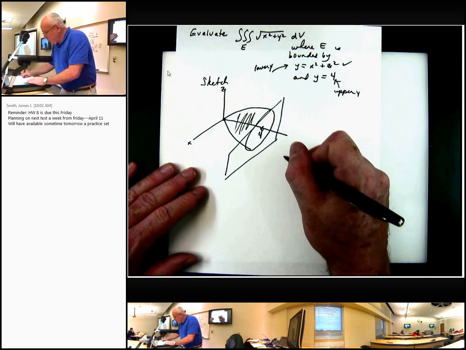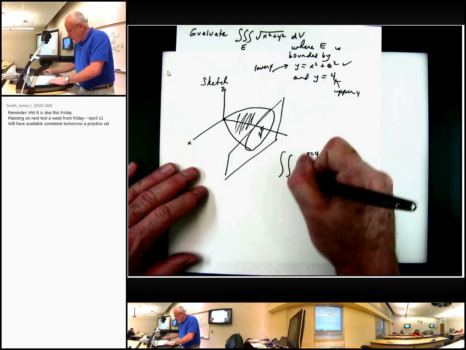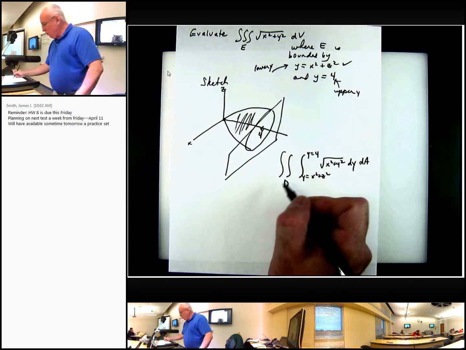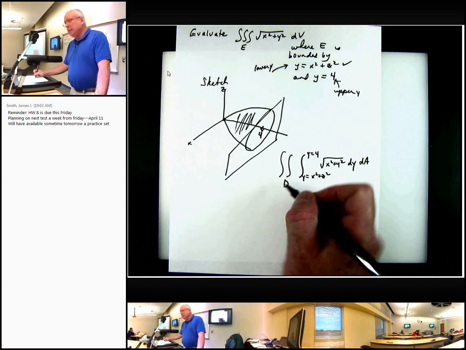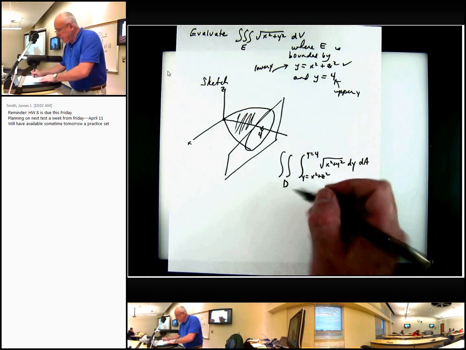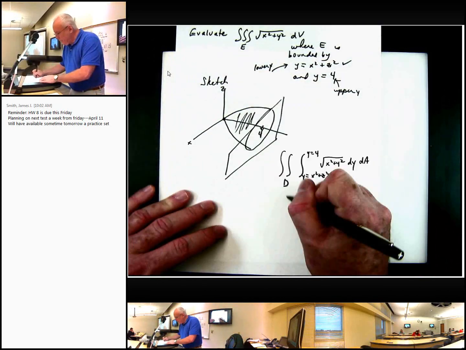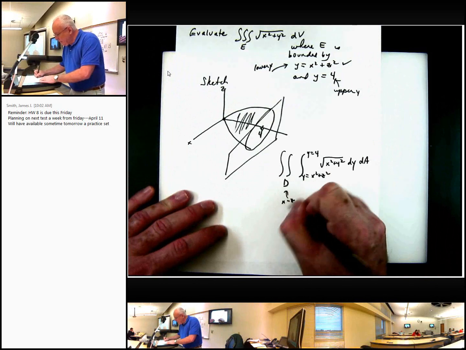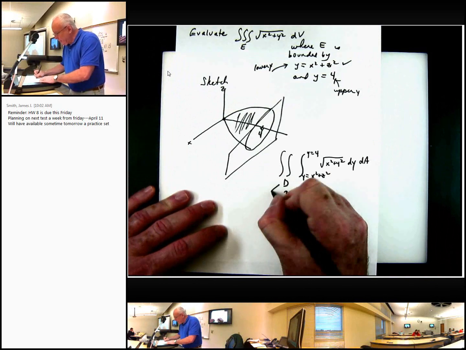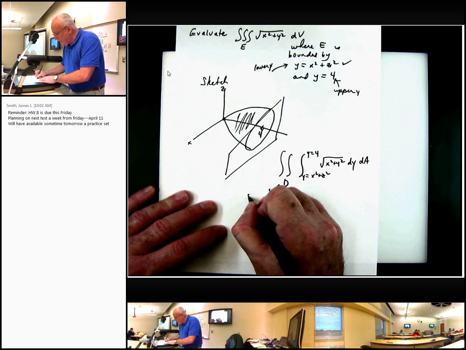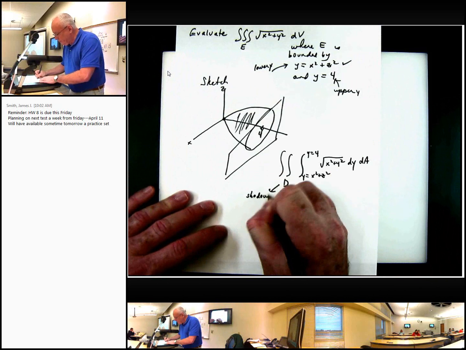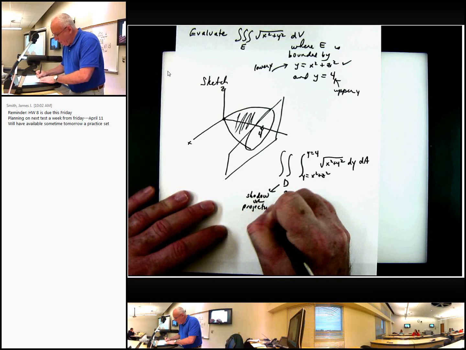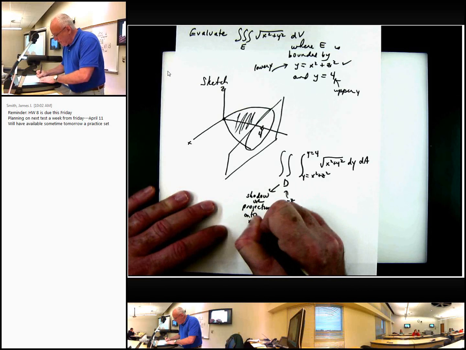Now, I'm going to do this in 2 parts. The rest of this is going to be integrated over this region D. D here is going to be in the xz plane. It's basically the shadow, or the projection, onto the xz plane.